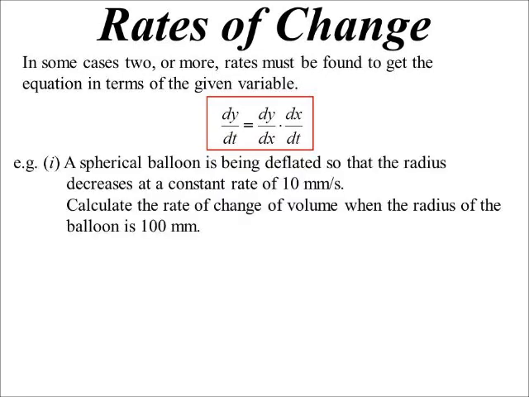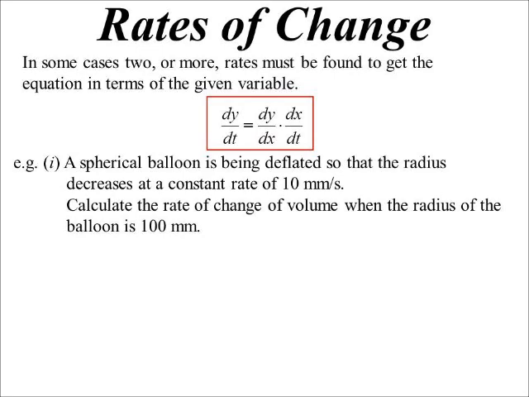So let's look at an example. A spherical balloon is being deflated so that the radius decreases at a constant rate. Imagine in your head you've got a balloon and it's deflating. When you deflate a balloon, it's the radius that goes down by a constant amount. It's the volume's rate of change that changes, and you can tell that by the noise.